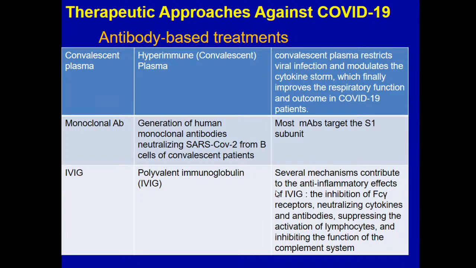They act by several mechanisms. The antibodies taken from convalescent patients may inhibit the Fc gamma receptors to decrease antibody-dependent cytotoxicity. Then there can be antibodies neutralizing cytokines, antibodies suppressing the activation of lymphocytes, and also substances that inhibit the function of the complement system, so antibodies against components of the complement system.